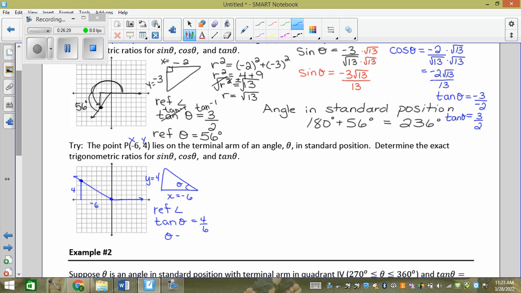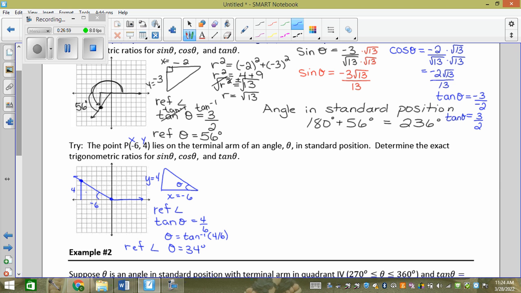And then theta equals tan neg 1 of 4 over 6. So I get 34. And that's my reference angle.